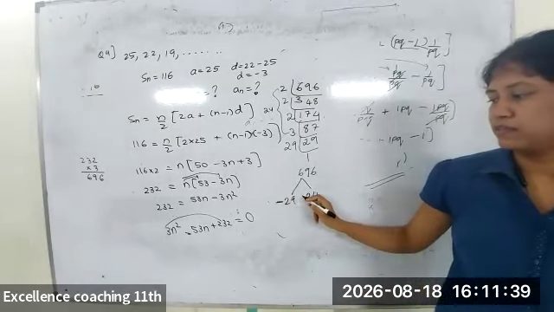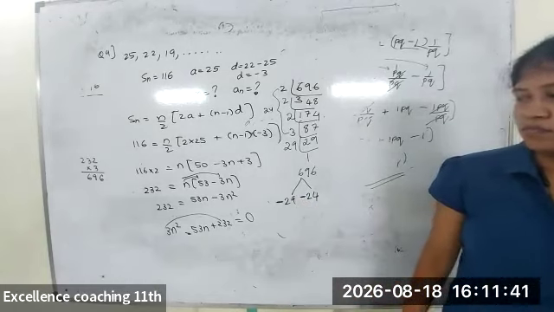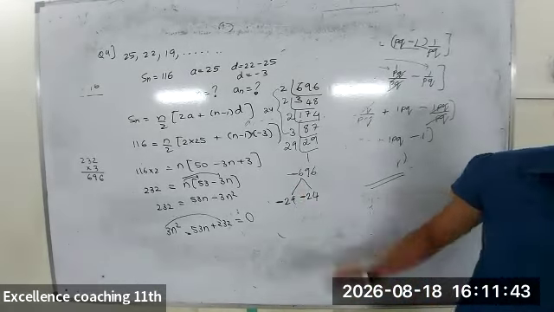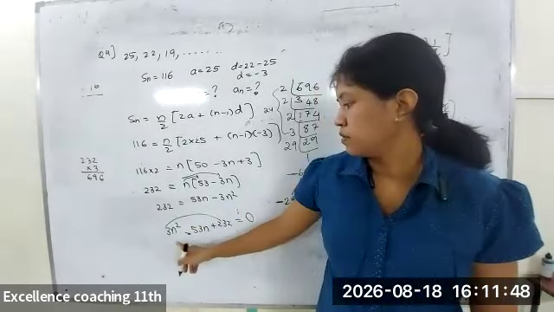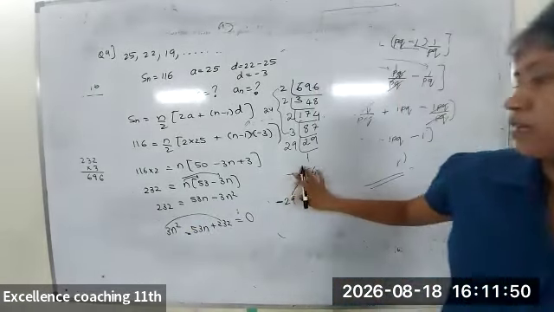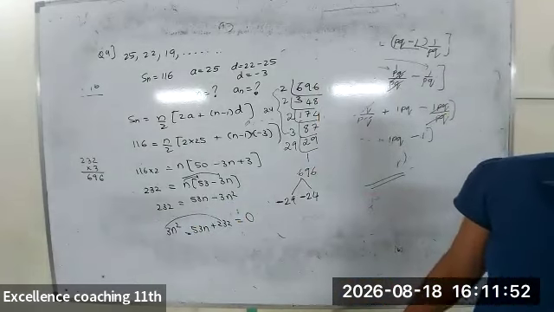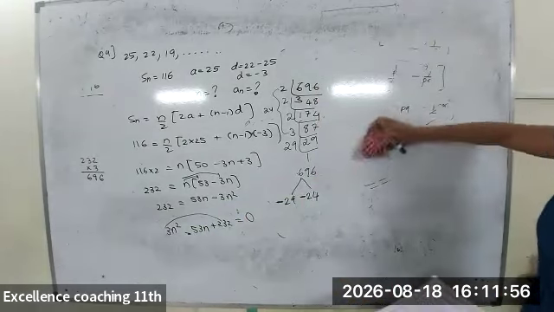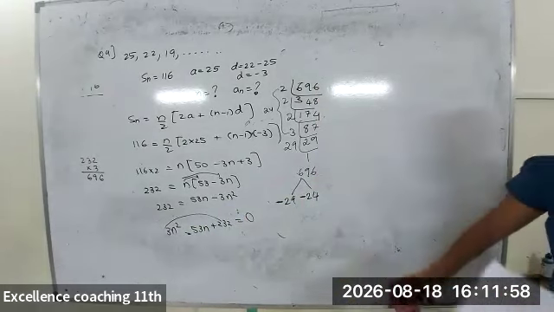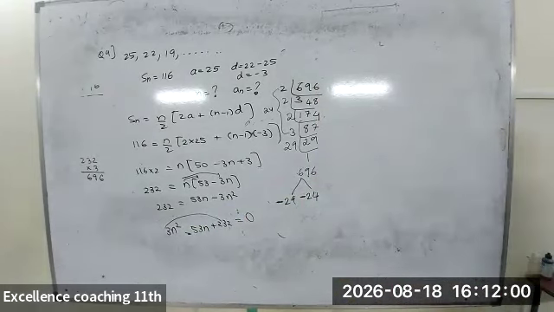Both will be minus. This is minus, minus 696 it should be. No, plus, correct. Minus into minus is plus. So one factor. So n is 29 or n is 24. Two values are coming, both are positive. One is positive.